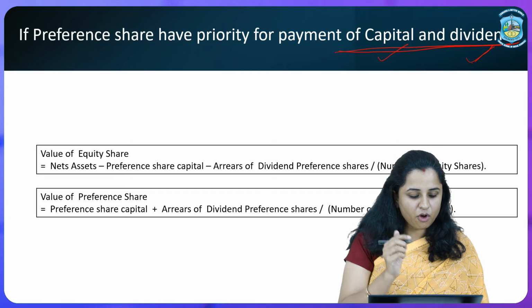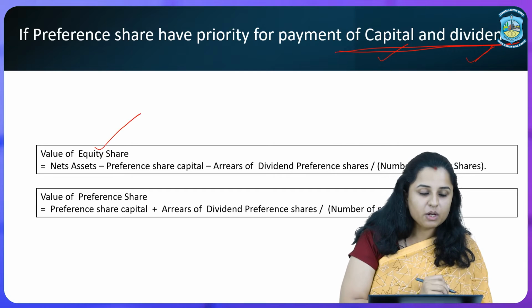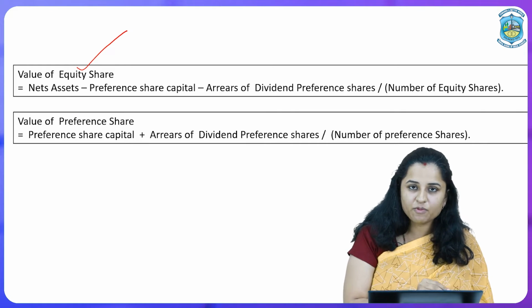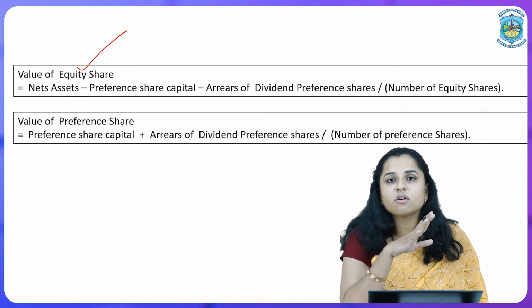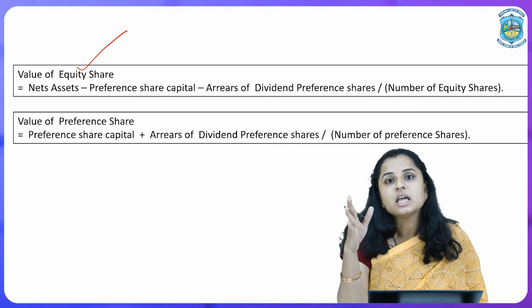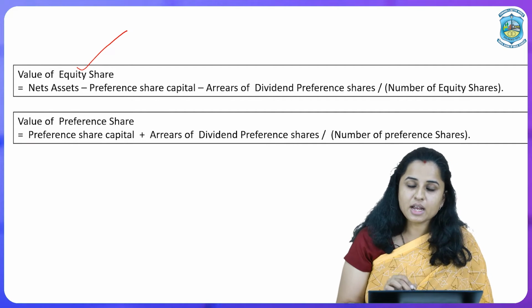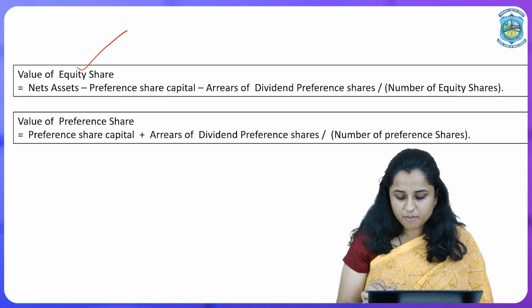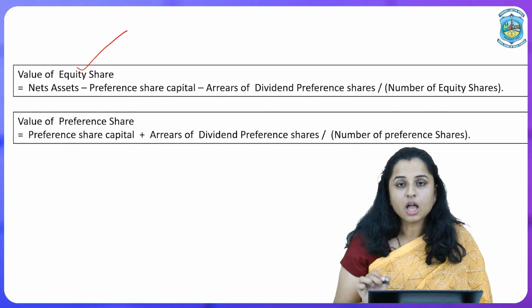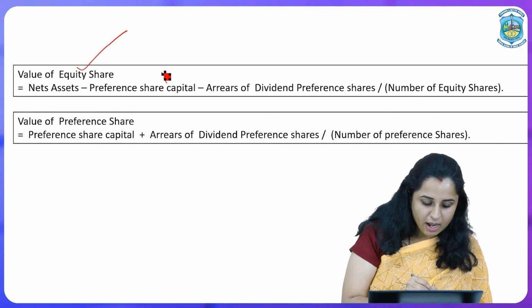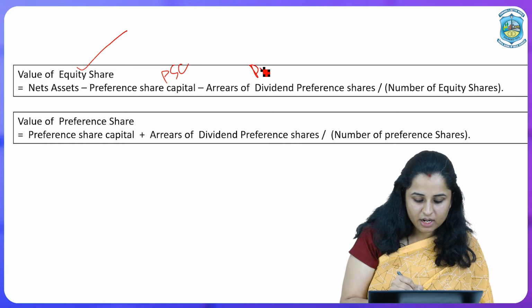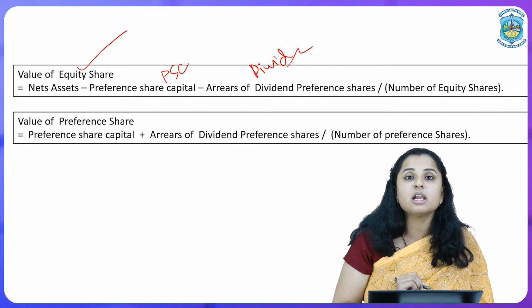So, in this case the formula will be value of equity share is net assets which you have calculated using market value of realizable assets less the external liabilities minus the preference share capital minus arrears of dividend divided by number of equity shares, because preference share capital as well as dividend is treated as external liability.